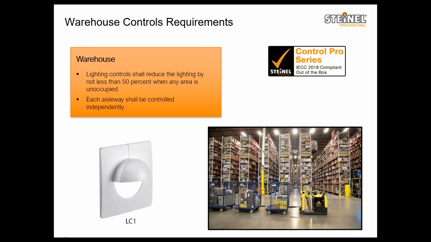Next topic that we are going to discuss is the new requirements introduced for the warehouse areas. IECC 2018 has mentioned that in all areas in a warehouse, open areas and aisles, lighting controls shall reduce the lighting by not less than 50% when any areas are unoccupied.